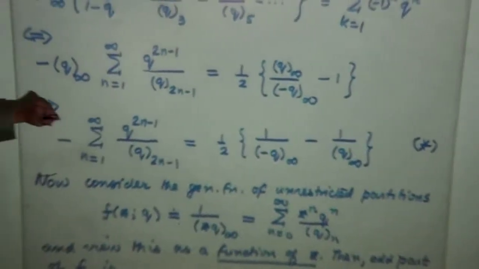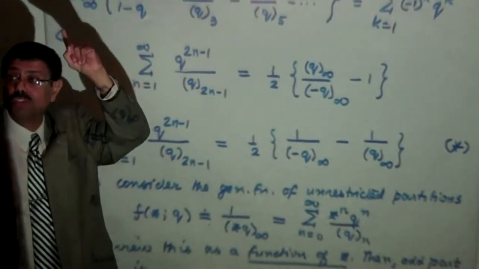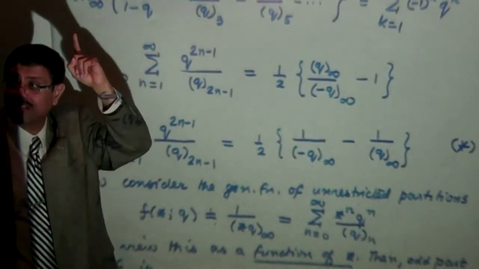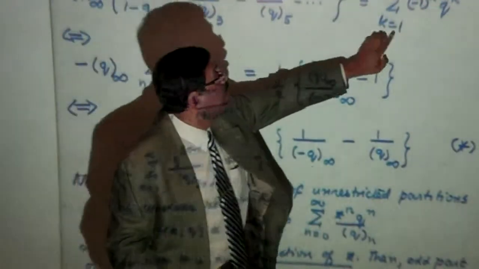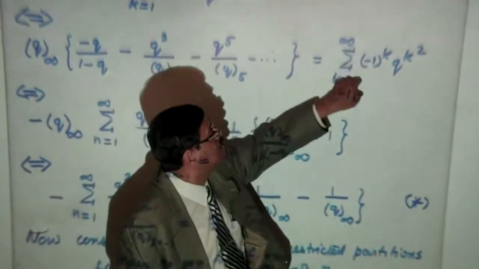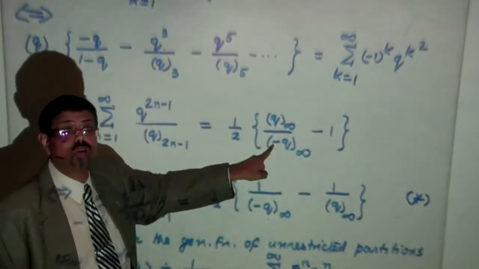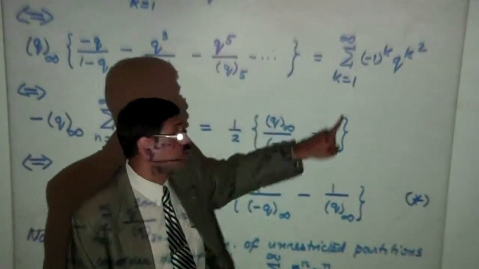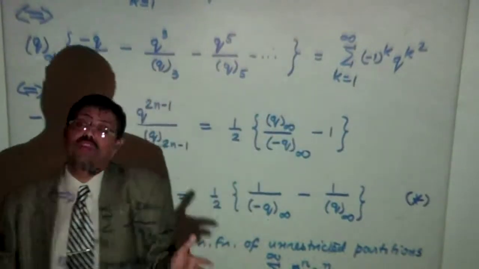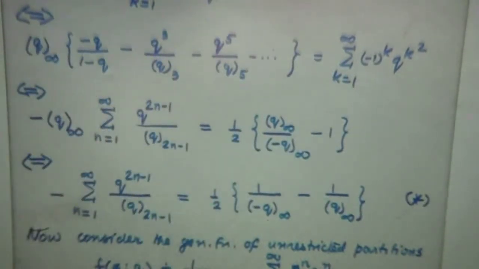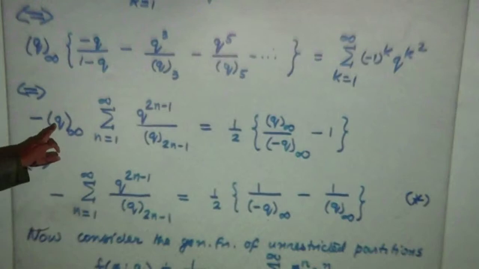Now this is the same as, now I use the special case of the Jacobi triple product identity, where if I had this from minus infinity to plus infinity, then I will have this. So I have cut off the k equal to 0 term, and I have 1/2 of it. So that's that. And I want to show that that's equal to this.